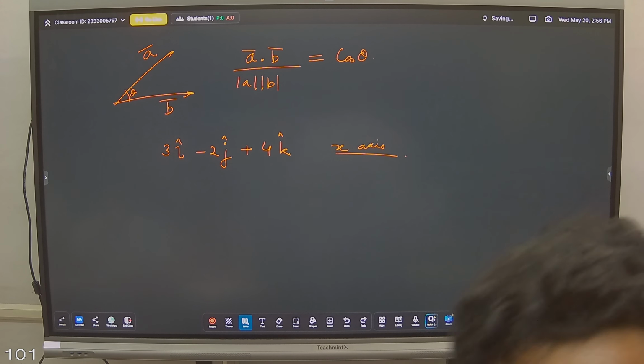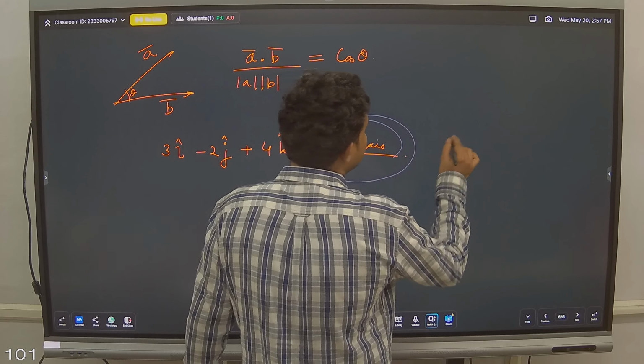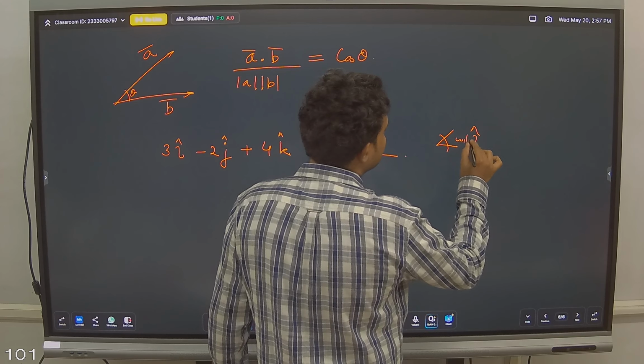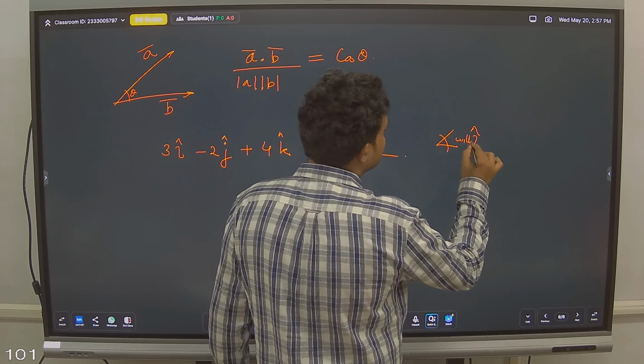To do this, you find the angle made with the I cap.